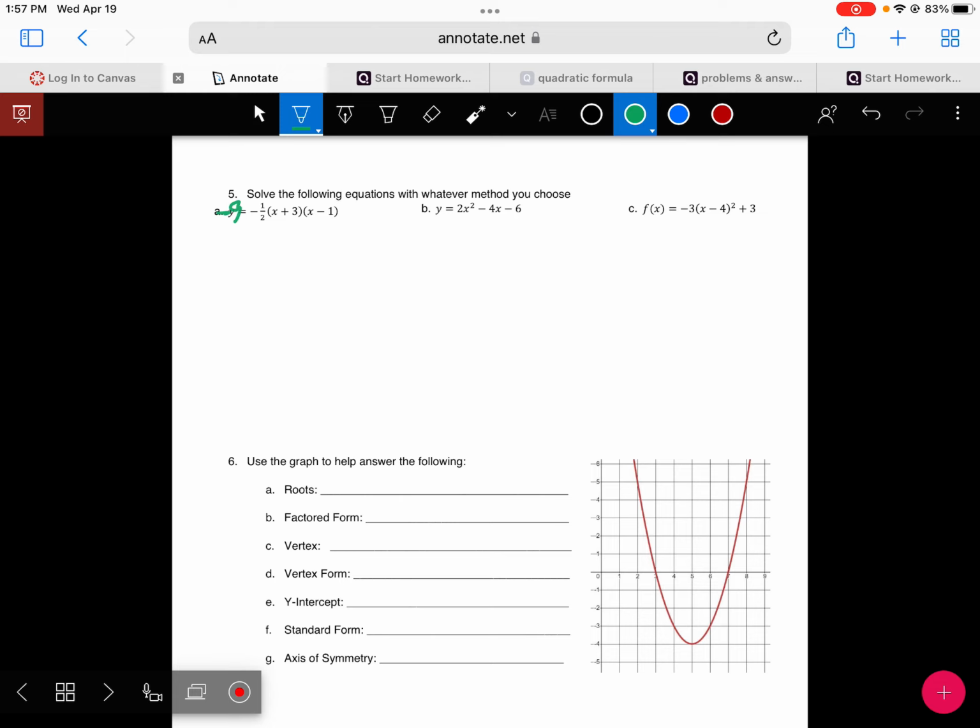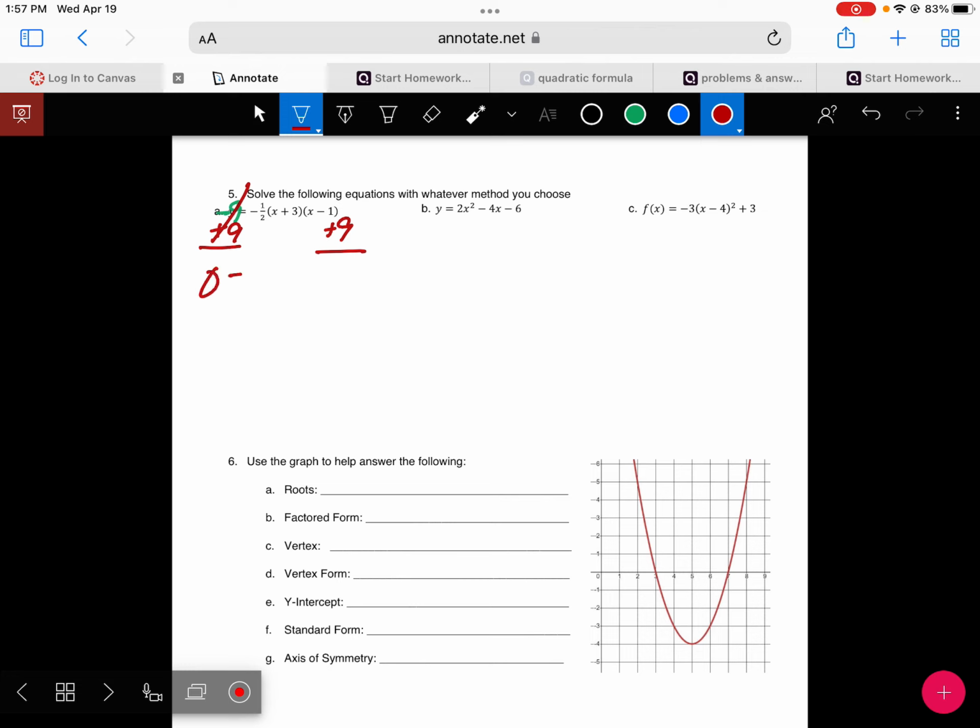Lovely. All right. So here we don't have two of the same factors that are squared. So square root method is not necessarily going to work. So I want to probably try to get it equal to 0. So what would be my first step? Yes, let's add 9 to both sides. 9's cancel out.